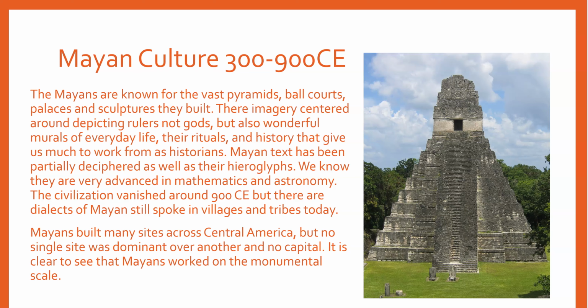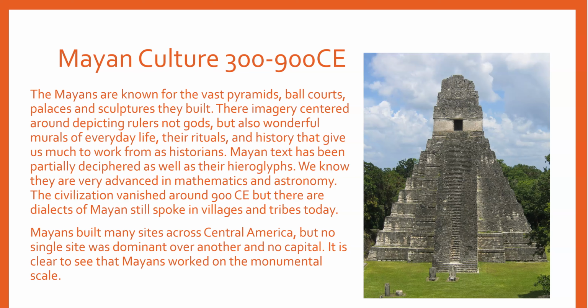Their imagery also centered around depicting gods, or sorry, they're depicting rulers, not gods. And they have a lot of murals and reliefs of everyday life. They also have their own very sophisticated form of writing, which luckily was decoded in its pictographs, and so to this day, all those pictographs, which are usually adorning these stone buildings in relief, are able to be read and understood.